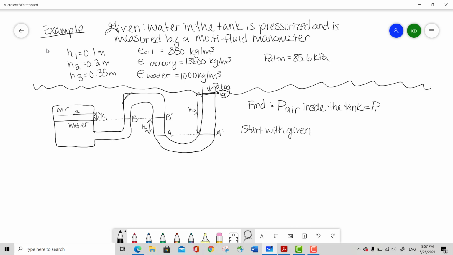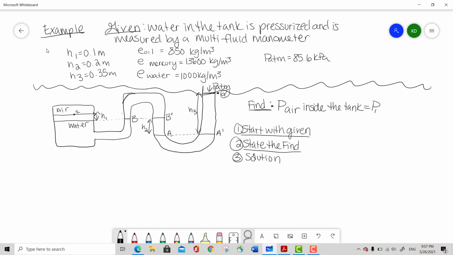Because remember, we have those steps in the syllabus that was outlined. So first we start with the given section, which we did. Here's all of our givens. Then we state the find, which we did right here. And now we move to solution.